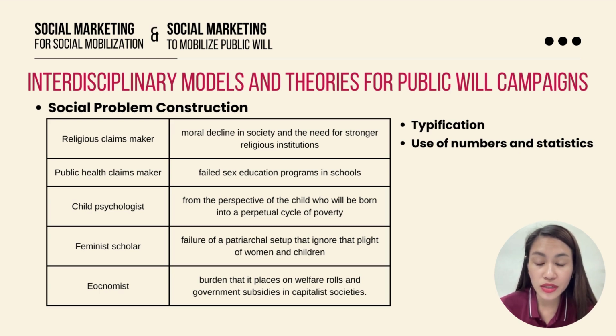For a feminist scholar, it is the failure of a patriarchal setup that ignored the plight of women and children. And lastly, for an economist, it is the burden that places on welfare rolls and government subsidies in capitalist societies. Social problem construction also makes use of typification and use of numbers and statistics to back up claims.